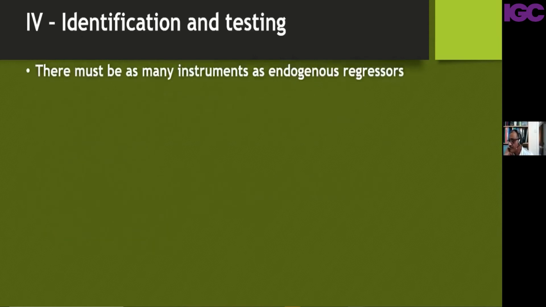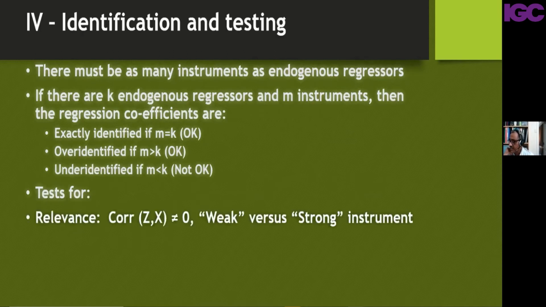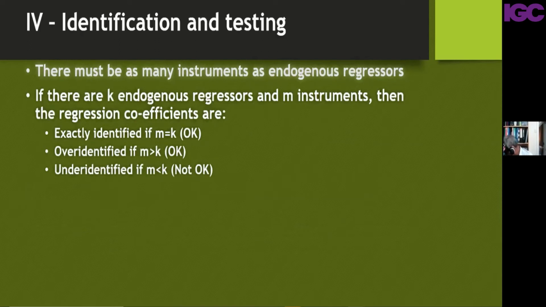Now, a few things, these are essentially econometric issues that you should note. I don't want to spend a lot of time, but these are just points for you to note. When you're using the instrumental variables method, there must be as many instruments as there are endogenous regressors. So if there are k endogenous regressors and m instruments, then the regression coefficients are said to be exactly identified if m equals k, which is fine.